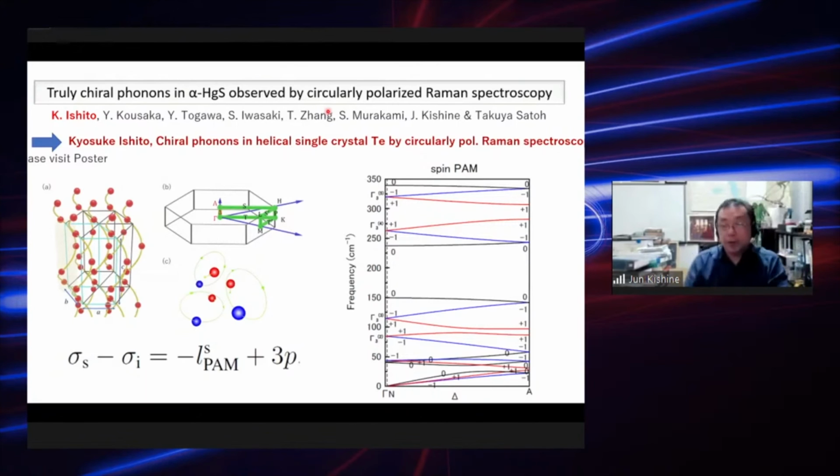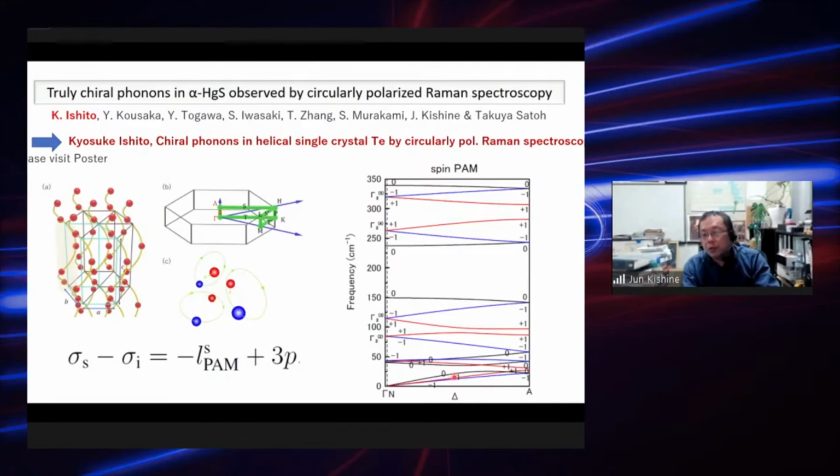By doing Raman spectroscopy on HgS, the so-called cinnabar crystal, which is also a chiral crystal, we successfully observed the chiral phonon modes.